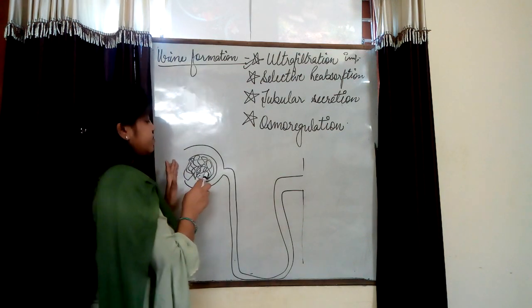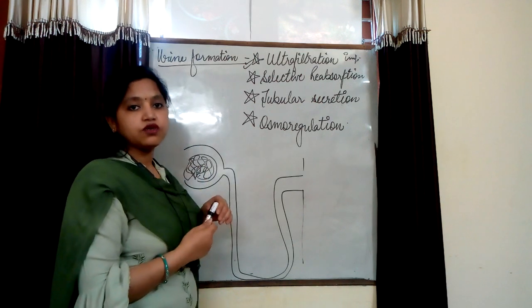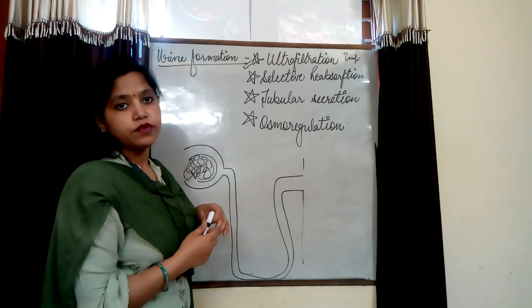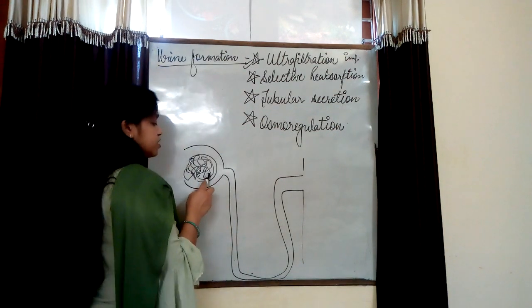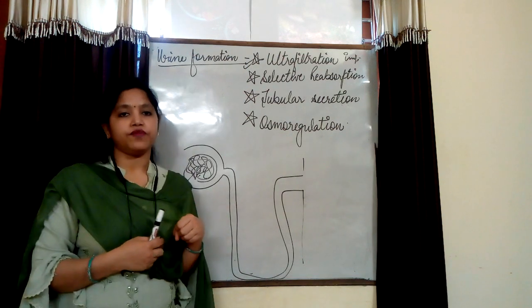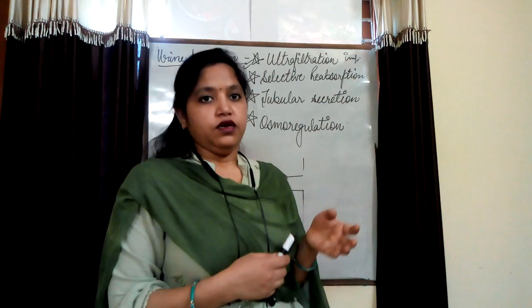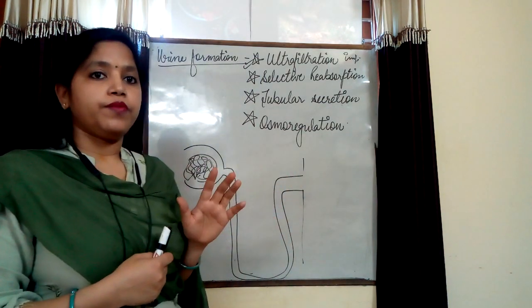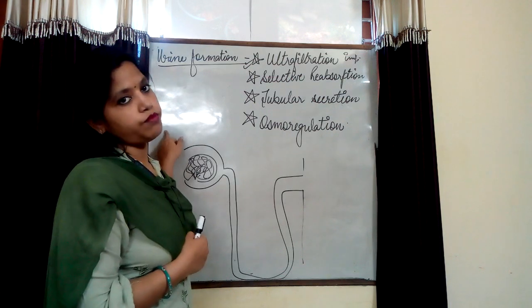So the filtration takes place by means of the capillaries of glomerulus by the process of diffusion. The nephric filtrate is squeezed out from the nitrogenous waste containing blood. Then the blood becomes pure and it ultimately goes back to the body.